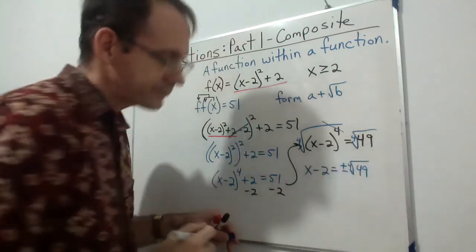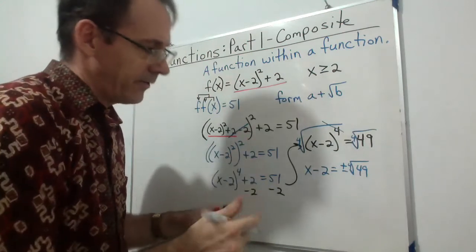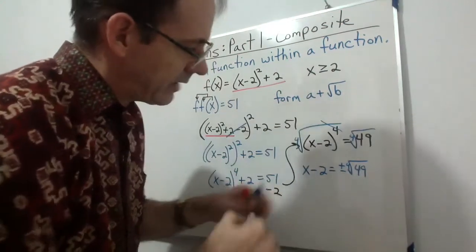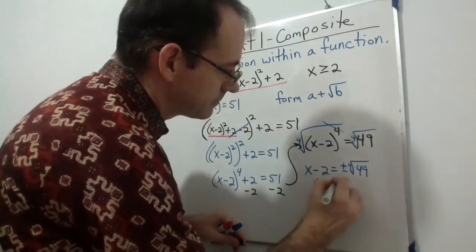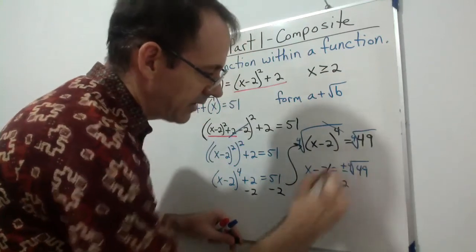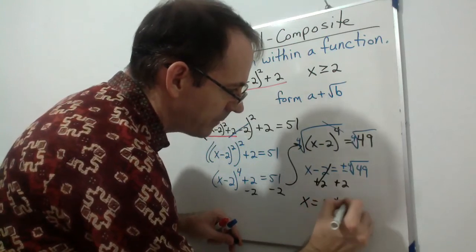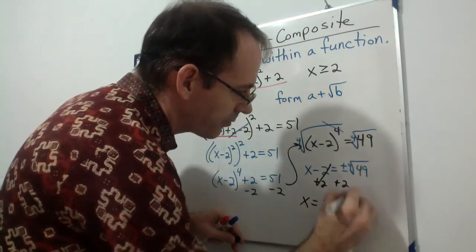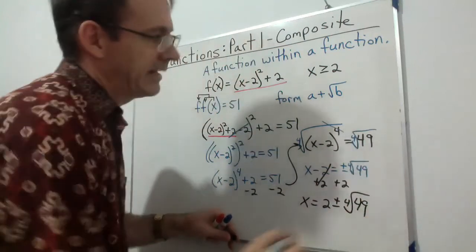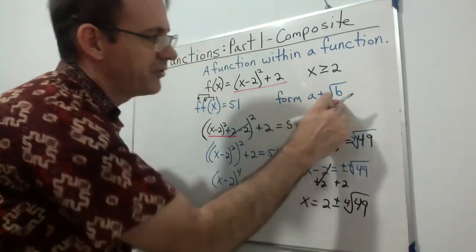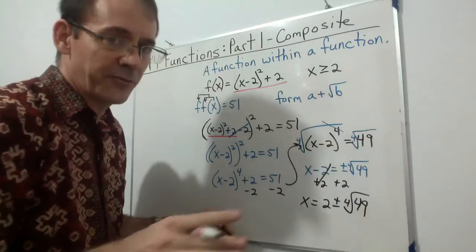Okay, now we add our 2 to both sides. These are unlike terms, so x equals 2 plus or minus the fourth root of 49. But notice this shows a square root, not a fourth root.